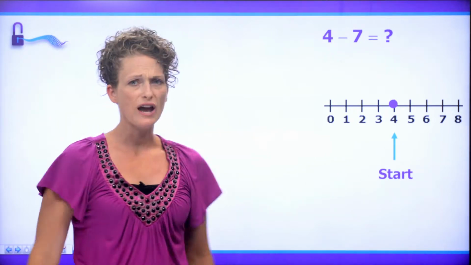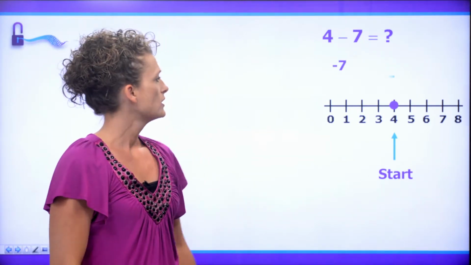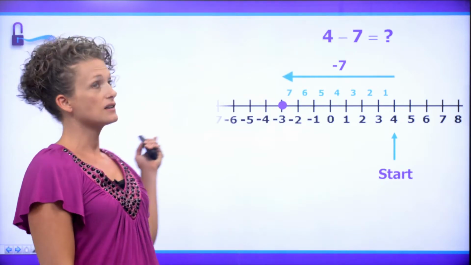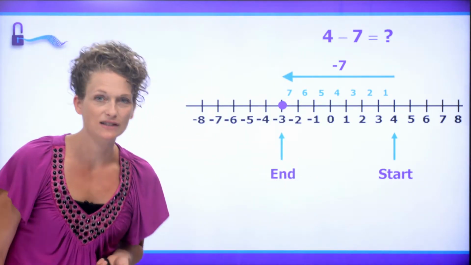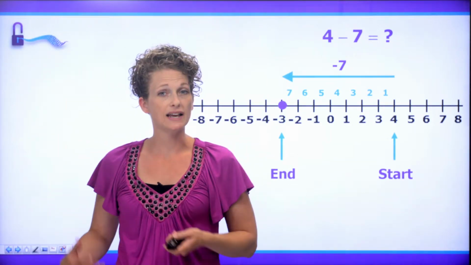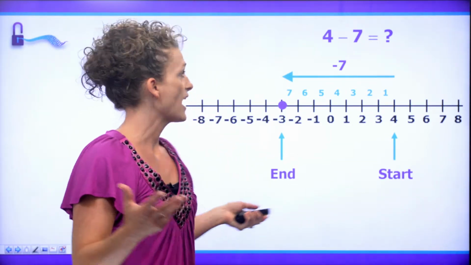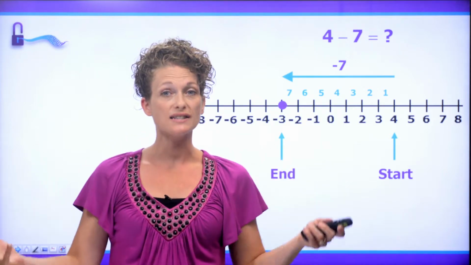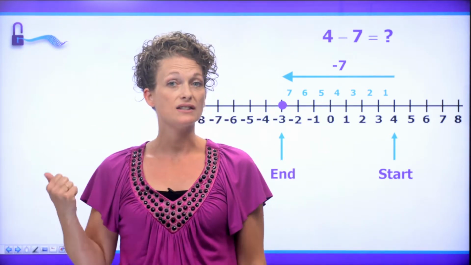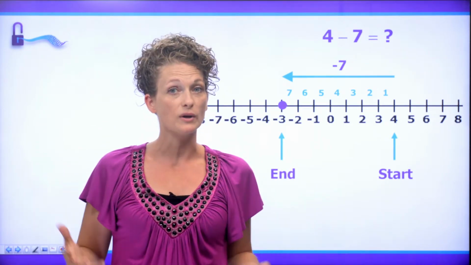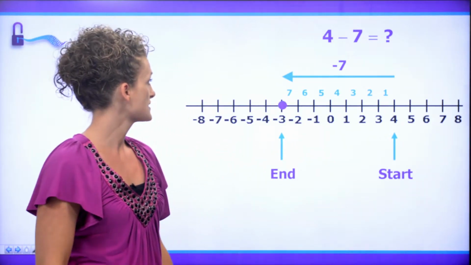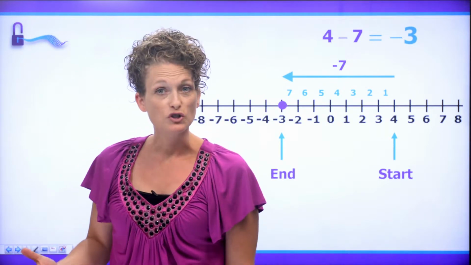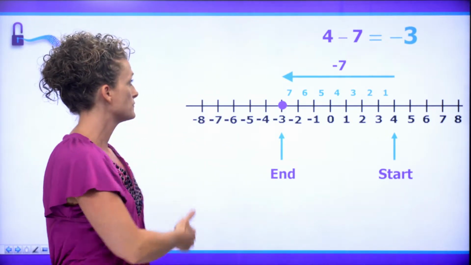Well, we want to subtract 7, so we're going to move 7 spaces. Oh, look at what happened there. We have negatives, and I know you've seen these negatives on the number line, but that's how integers work. When we're subtracting integers and we subtract a bigger number than what we start with, we're going to end up on the negative side of things. So 4 subtract 7 gives us negative 3.